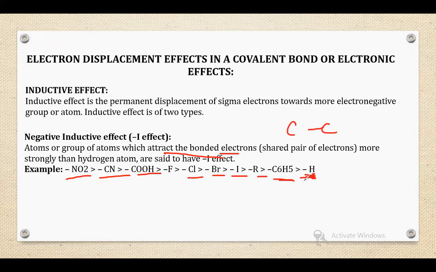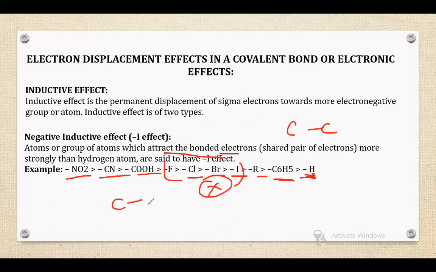What is the negative inductive effect? These are atoms that attract the bonded electrons more than the hydrogen atom does, so they can attract the shared pair of electrons towards themselves. We took the halogens from chlorine to iodine, and the NO2 group.